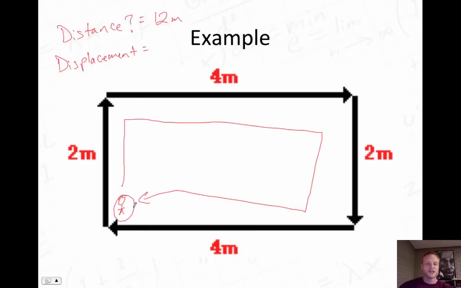If you're thinking 0, you're correct. I didn't displace myself at all because I'm back to where I started. That is the big difference between distance and displacement. Displacement is how far away from the original spot you are, whereas distance is how much ground you covered.